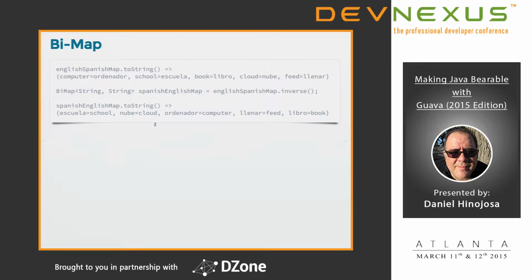Now, why is this? Well, if you take a look at that middle line up here, I can do an inverse on this particular map. Given this English-Spanish map, I can call inverse on it, and what I'm going to get in return is a reference to another map. Now, Google Collections tends to use a lot of views with their collections.